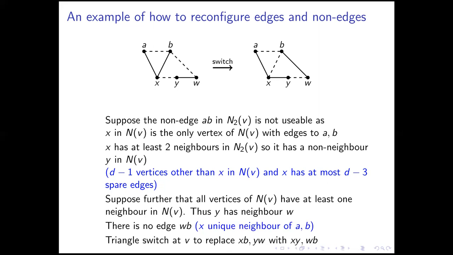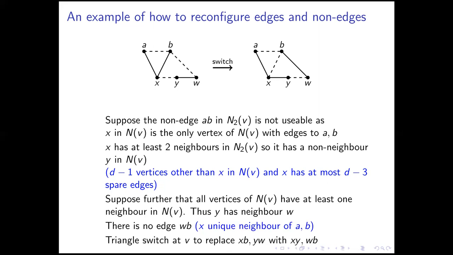Okay, so x has got two neighbours in N2(v) because it's got a and b, so it must have a non-neighbour y in N(v). In fact, it's got more than one non-neighbour, because x is a neighbour, has got an edge to v, and so it's got d minus one other edges, and x has got two neighbours in N2(v), so it's got d minus three spare edges, and there are d minus one vertices in N(v), and it can have edges to at most d minus three of them.